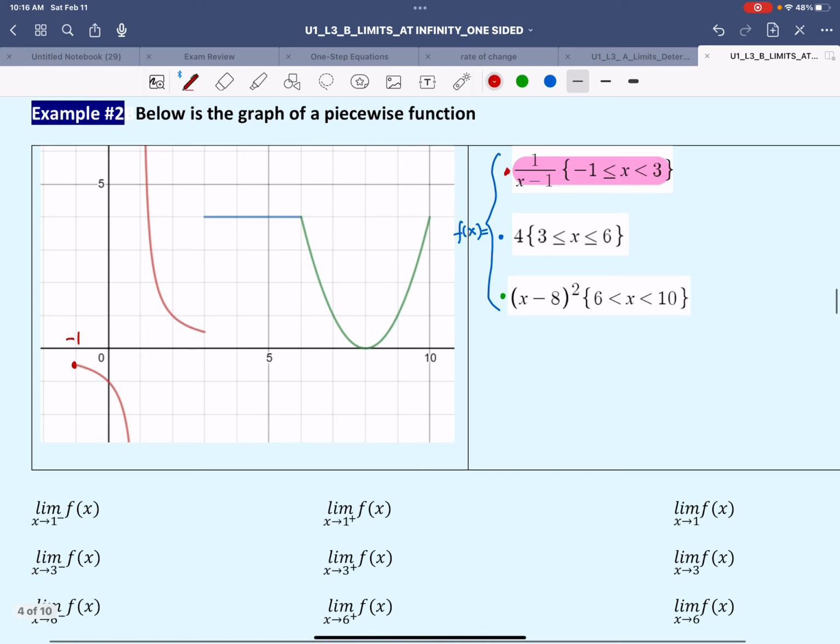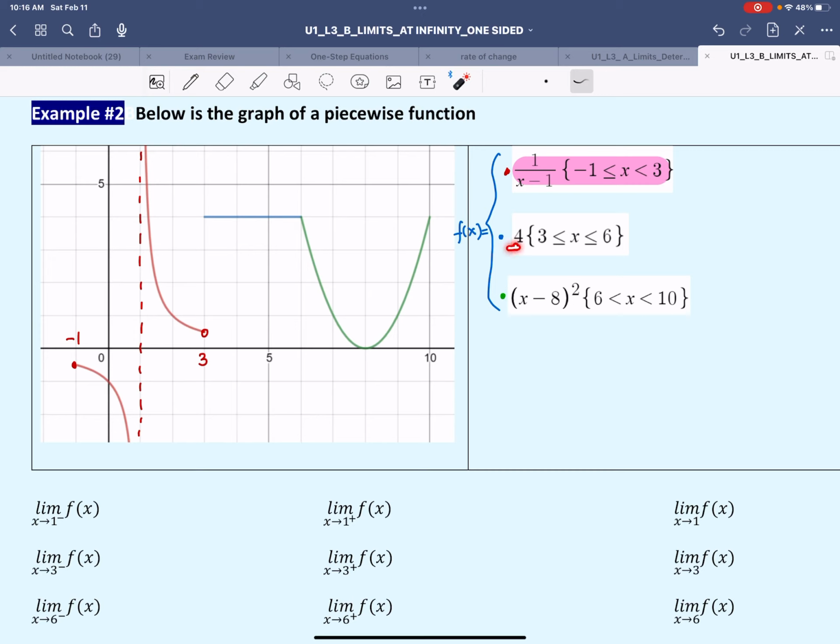So this is x equals 3, and x equals 3 is not included on the graph of this function, so we'll indicate this with this empty circle. So I'm going to draw the vertical asymptote in here as well, which is at x equals 1. And we'll move on to the next piece here.